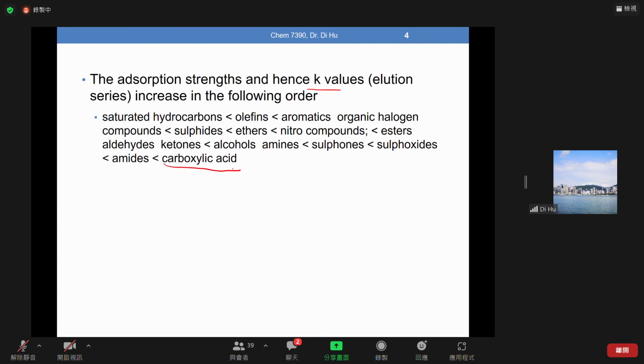Carboxylic acids have higher retention than amides, then sulfoxides, then alcohols and amines, then aldehydes and ketones, then nitro compounds and ethers, then aromatics, and so on down to hydrocarbons. This generally describes the polarity of those functional groups. Obviously carboxylic acid is the most polar, and saturated hydrocarbons are the least polar, right? So the polar ones are preferred.